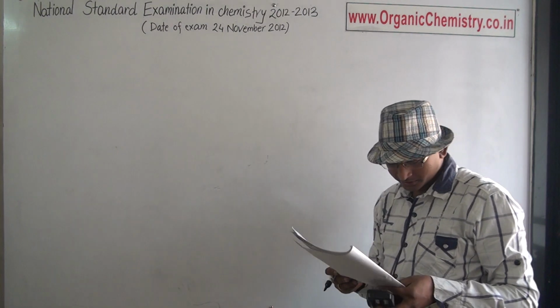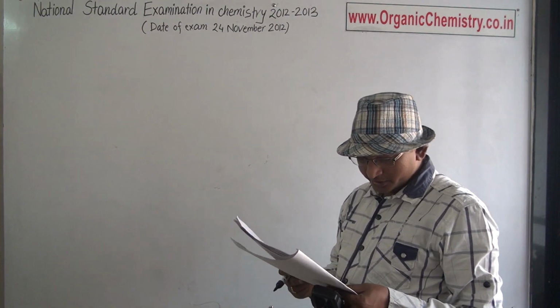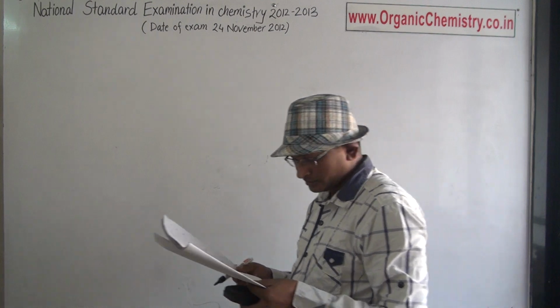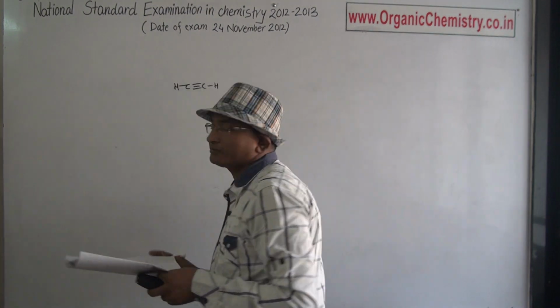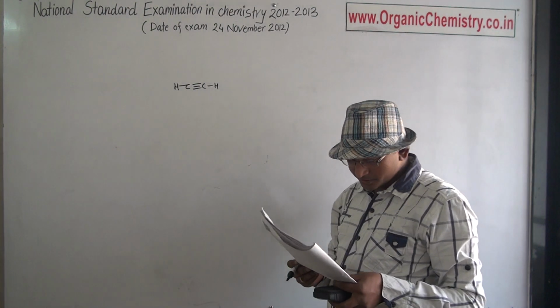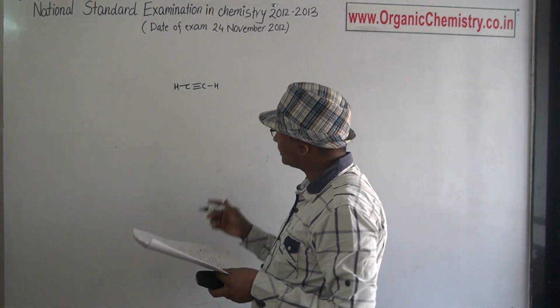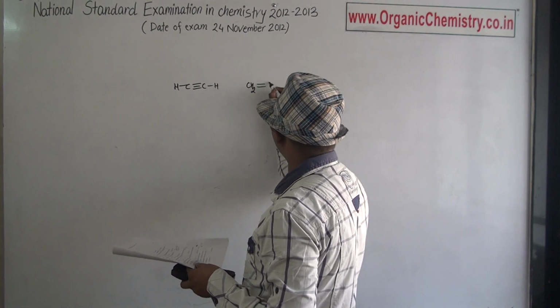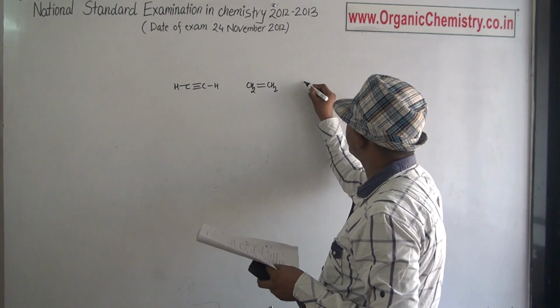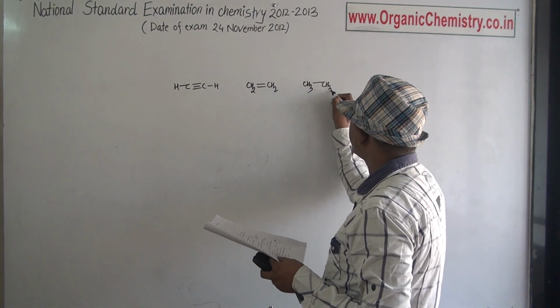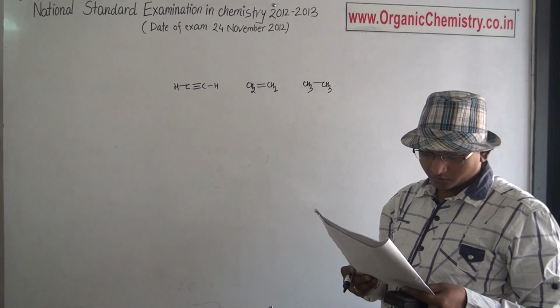The next question is the electronegativities of acetylene. Acetylene is H, C, triple bond C and H. The electronegativities of acetylene, ethylene, CH2 double bond CH2, and ethane, CH3 and CH3, are in the order.